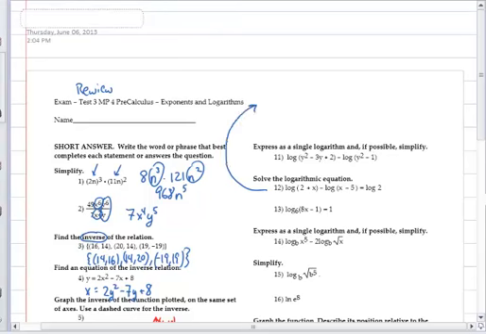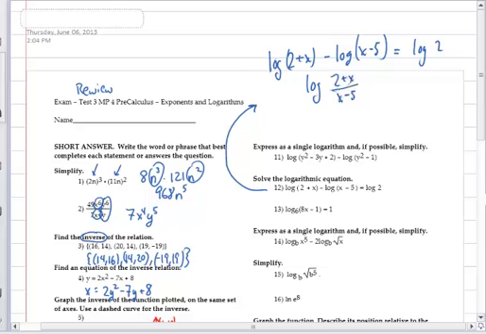So number 12, it's a common log of 2 plus x minus common log of x minus 5 equals common log of 2. Compress the logarithms, make one logarithm out of the left. That's going to be common log of 2 plus x over x minus 5 equals common log of 2.